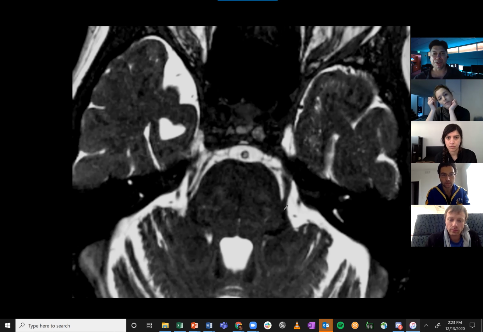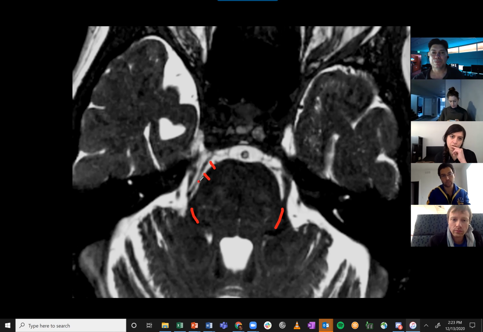Do you see any difference between one side and the other side? Yeah, the fibers look attenuated on the right-hand side. Attenuated or smaller? Or smaller on that side. Anything else you see that might be interesting? It looks normal on the left.